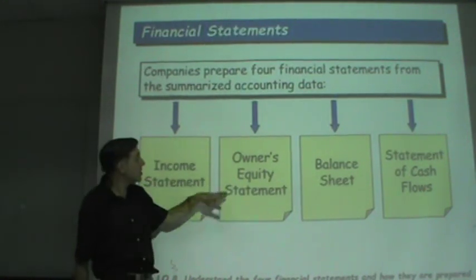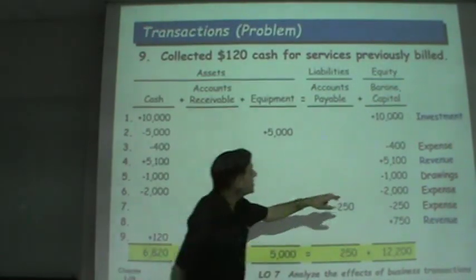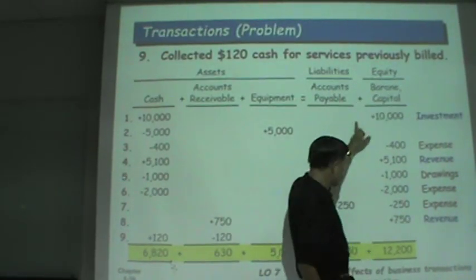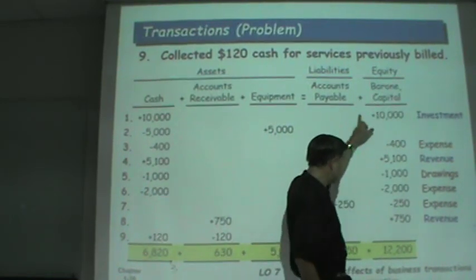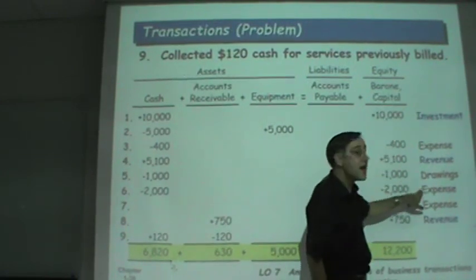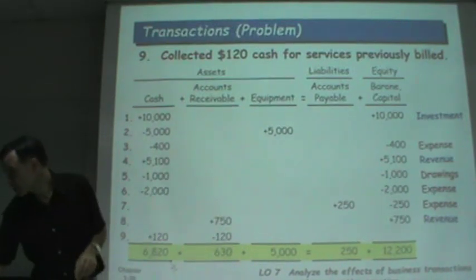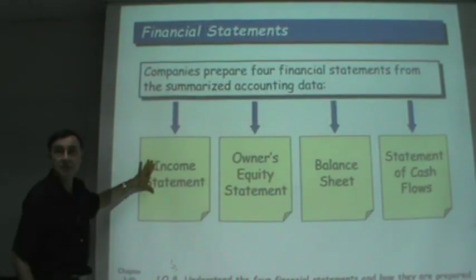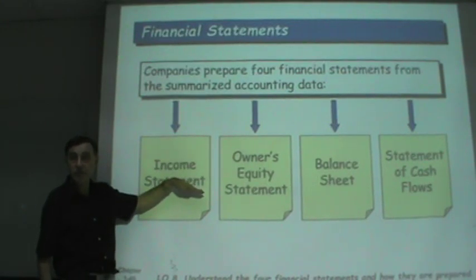Second one is owner's equity. And I just gave you an example. This is what the owner's equity looks like. So you make one especially for owner's equity. You make one for expenses and revenues. So the income statement is a statement about expenses and revenues.